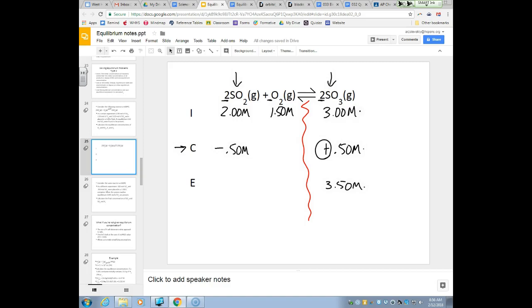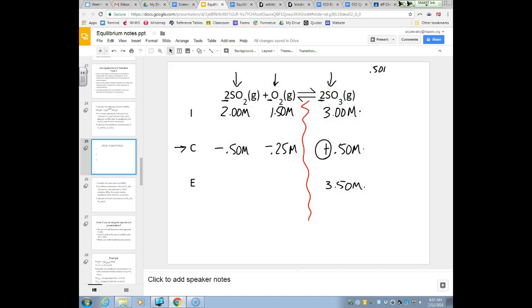Now, I'm going to figure out my O2. This one is a 1-to-2, so 2 SO3s were formed for every 1 O2 that was used up. So we can go about it logically, and in this case we're going to end up losing just 0.25 molar of this one. You could also look at it just in terms of stoichiometry.